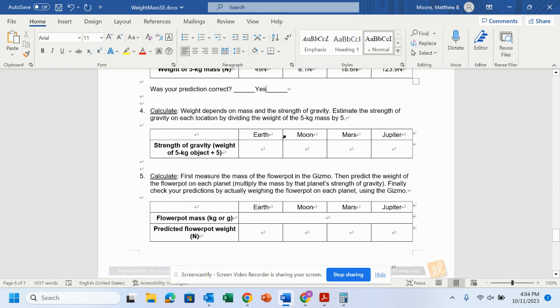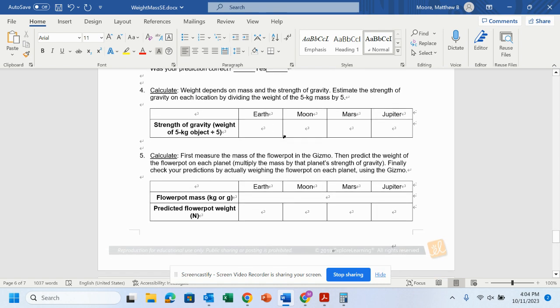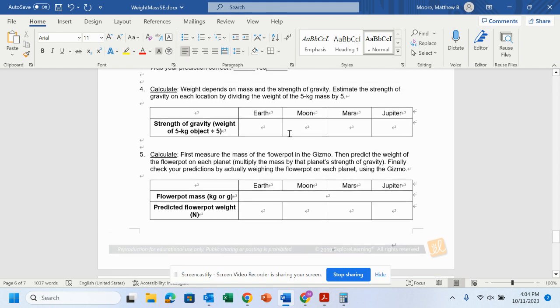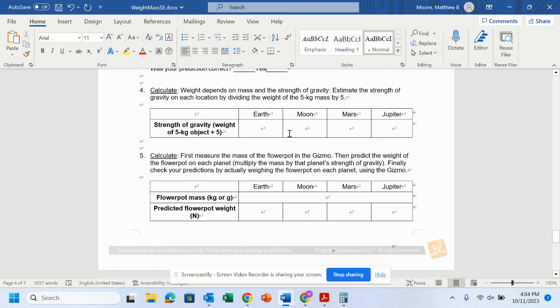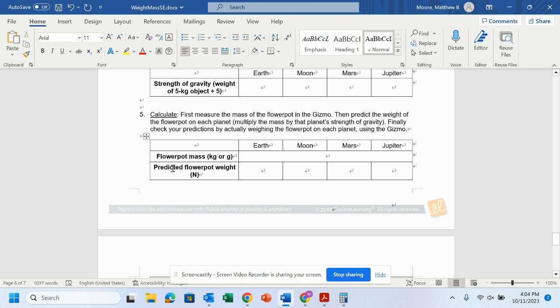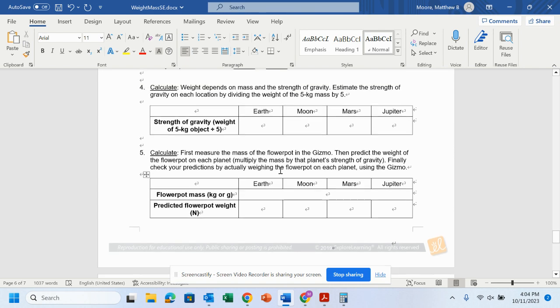Calculate. Weight depends on mass and the strength of gravity. Estimate the strength of gravity on each location by dividing the weight of the 5 kilogram mass by 5. Okay. So flower pot mass, kilograms or grams. Predicted flower pot weight, newtons.